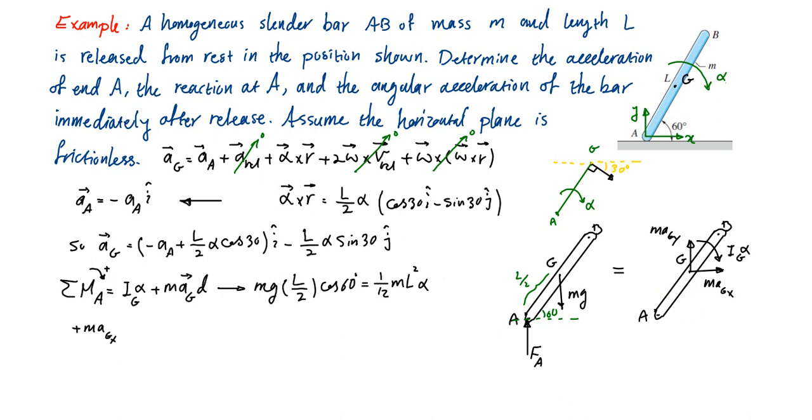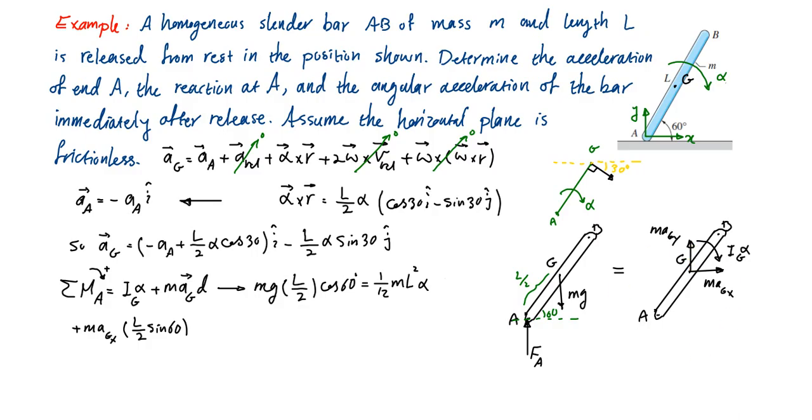That distance would be this distance. Since this is 60 degrees and this is L over 2, this distance would be L over 2 sine 60 degrees, and that is positive since it creates a moment in clockwise direction.